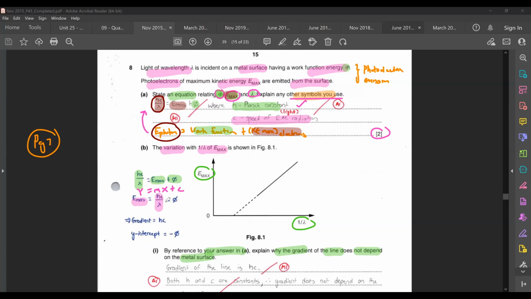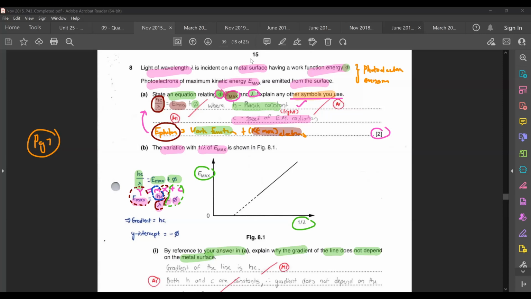Emax is hc over lambda minus phi, where your y-axis is your Emax and your x-axis is basically your 1 over lambda. Your y-intercept is going to be negative phi, but the one that you want to look at right now is actually your gradient. Your gradient is actually hc itself.